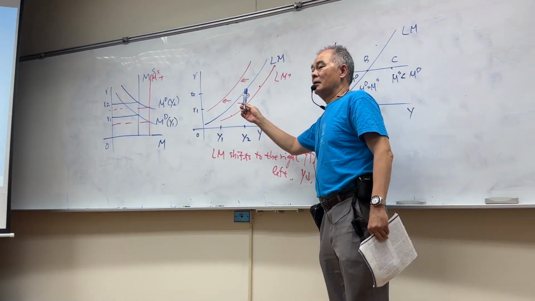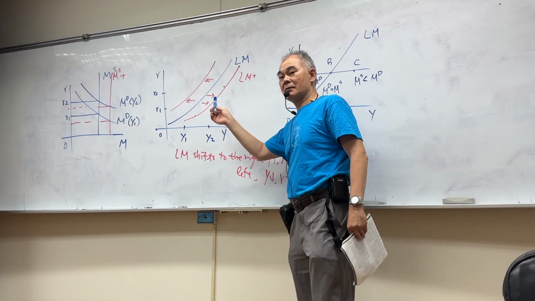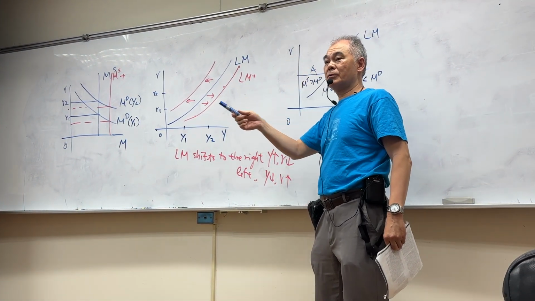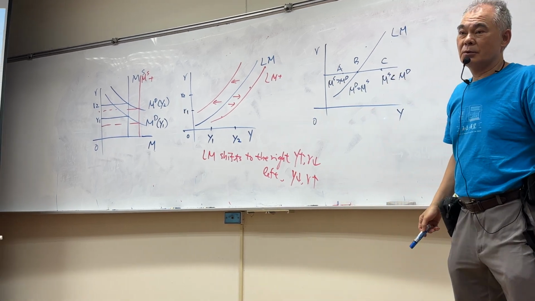As we say, if money supply is higher, what will happen to the economy? If money supply is higher, what would generally happen to the income level of the economy?